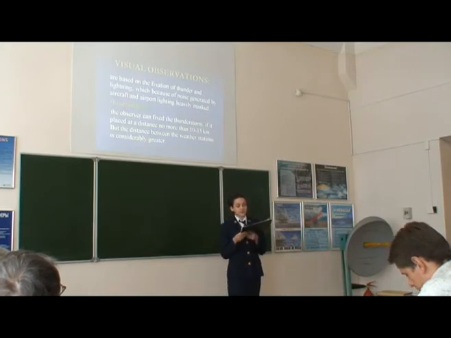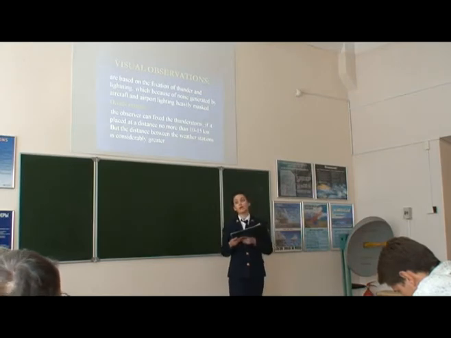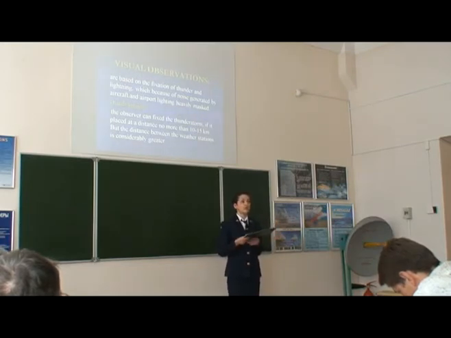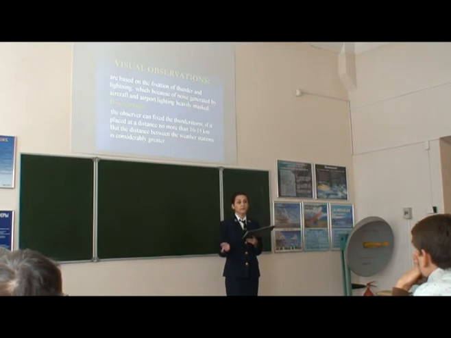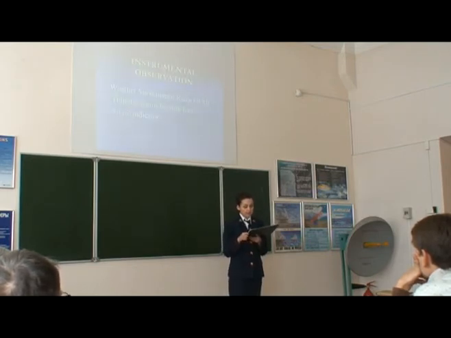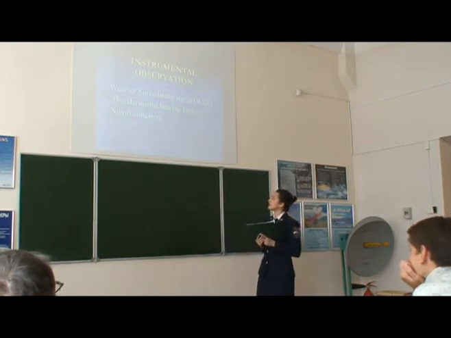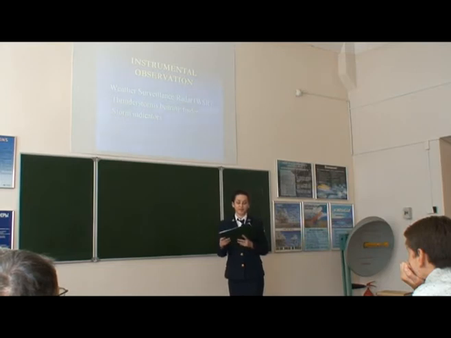The observer can fix a thunderstorm only if it is placed at a distance of 10-15 kilometers. But the distance between the weather radar stations is rather high. That's why some thunderstorms in this area cannot be fixed. So for instrumental observation, the following systems are used, such as weather surveillance radar, thunderstorm bearing finder, and storm indicators. So let's briefly consider each of these.